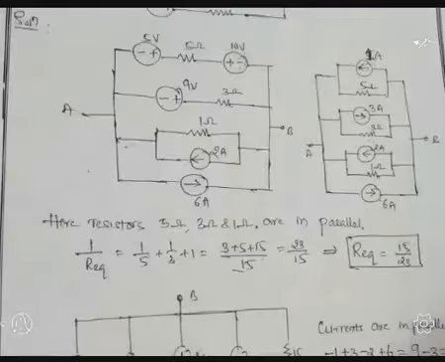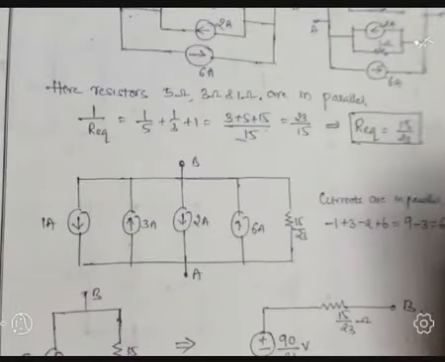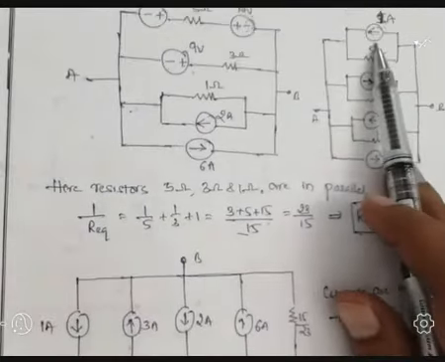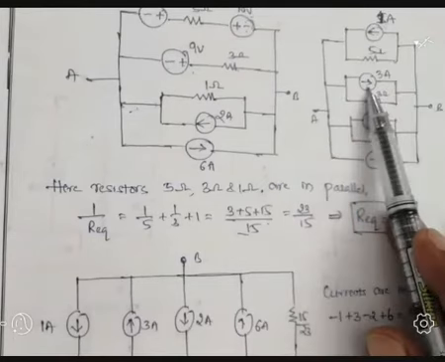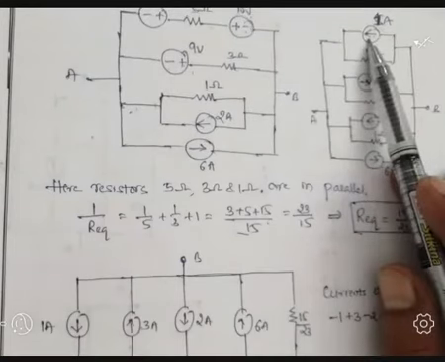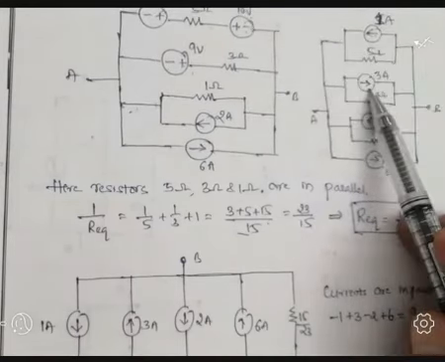One more step we can make use of. I'm re-sketching this network as: left side arrow mark represents downwards and right side arrow mark represents upwards. I will repeat, left side representation of arrow mark represents downwards, right side represents upwards.